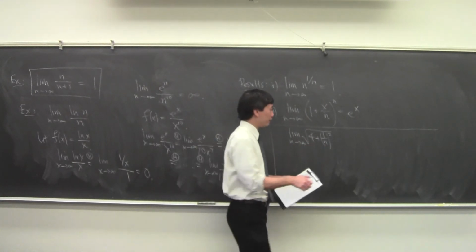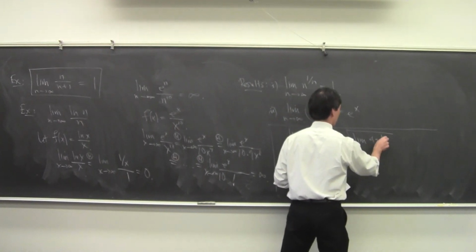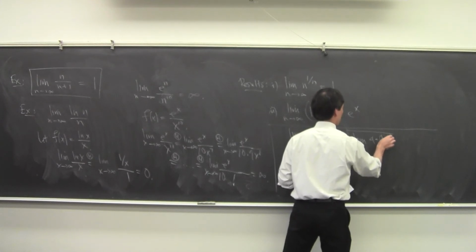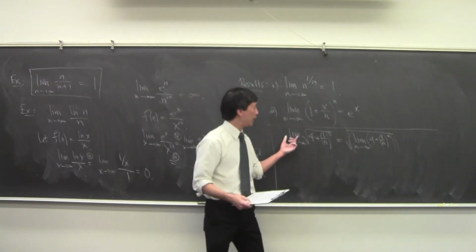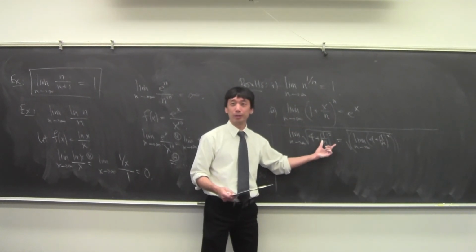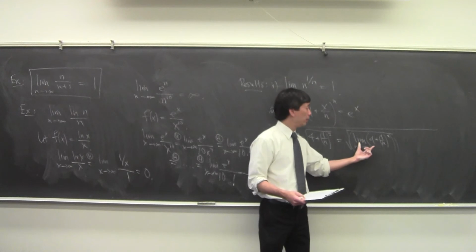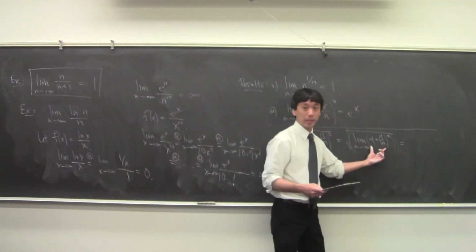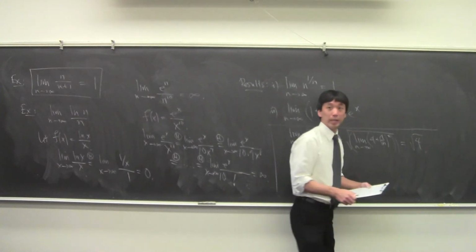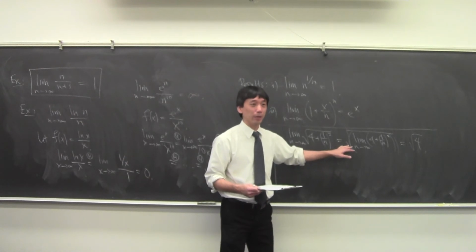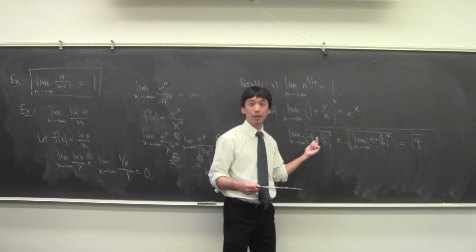If we could just say this is just going to be the square root of the limit, if we could pass the limit through the square root function, then we'd say the limit of the square root is the square root of the limit. And I know what this limit is: 4 plus 1 over n squared goes to 4, so that's just going to be the square root of 4. So that would be desirable. If we could commute the function and the limit, then that would be good.